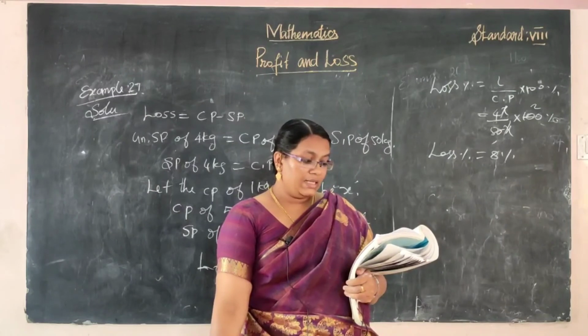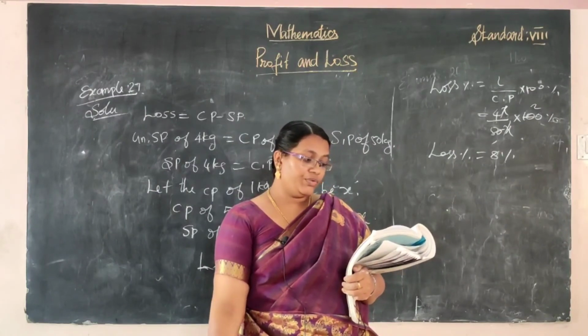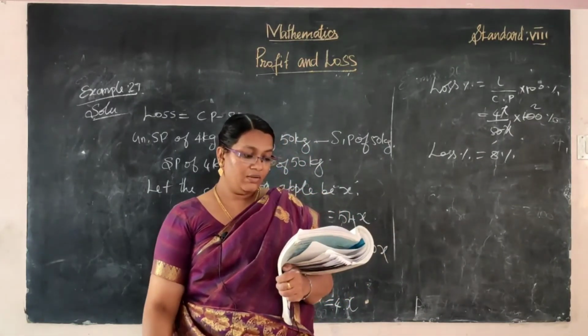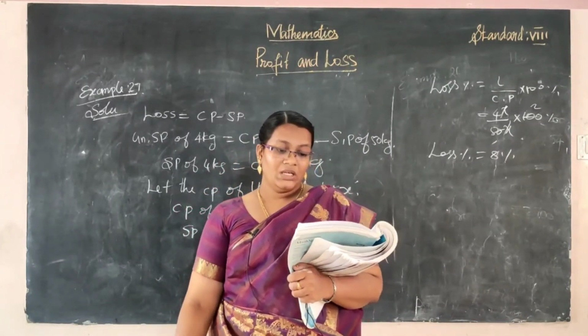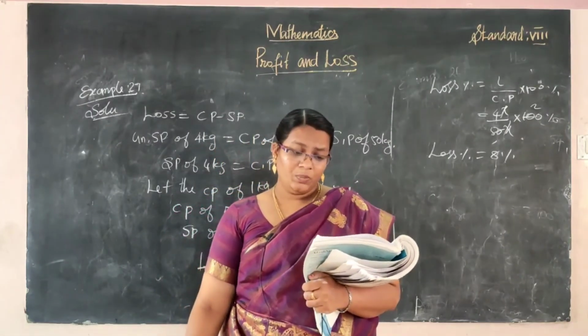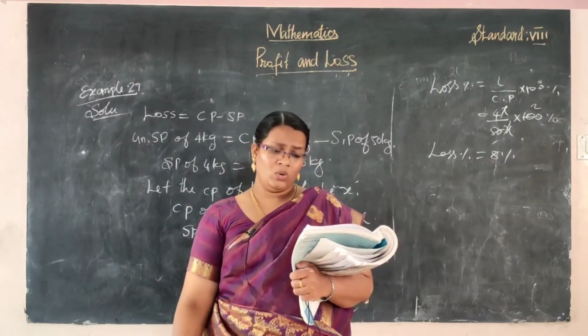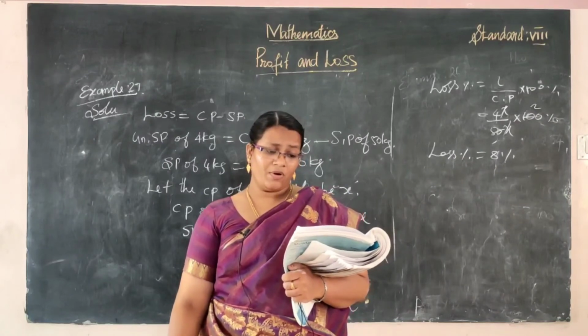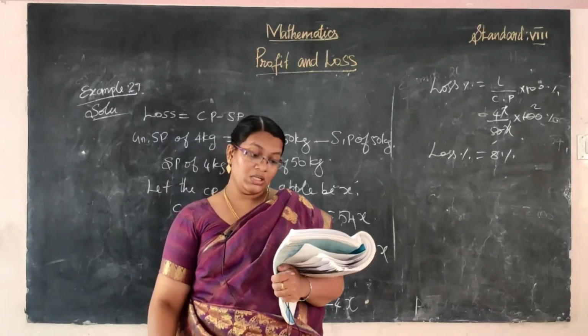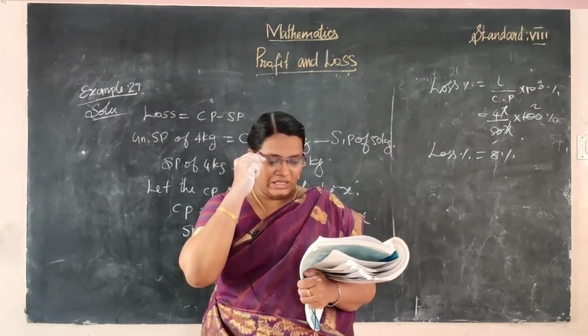Now see the last example, 28. Pranav sells a t-shirt at a profit of 15 percentage. If he sells it for rupees 91 more, then he makes a profit of 28 percentage. What is the cost price of the t-shirt?